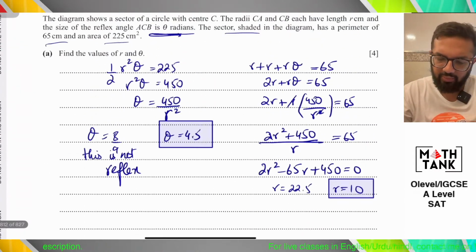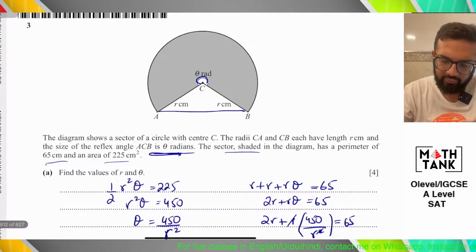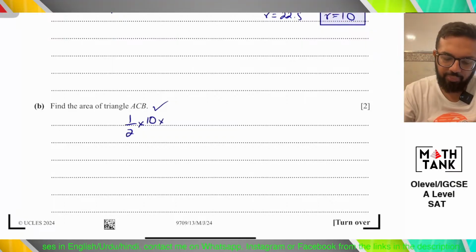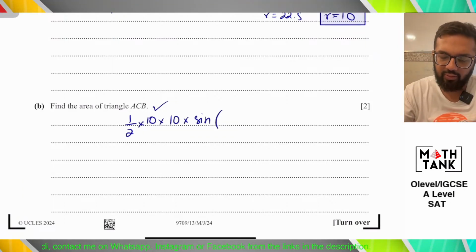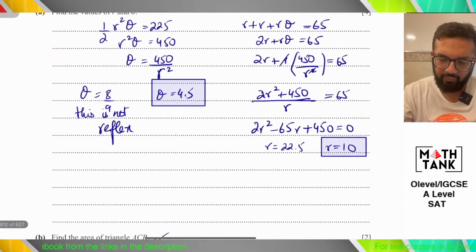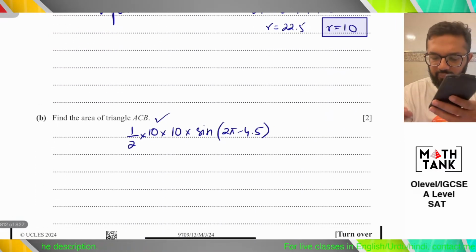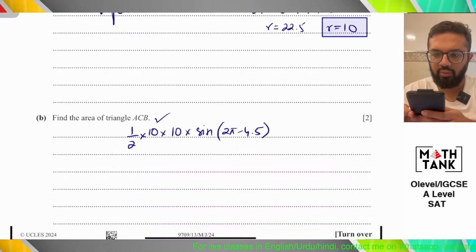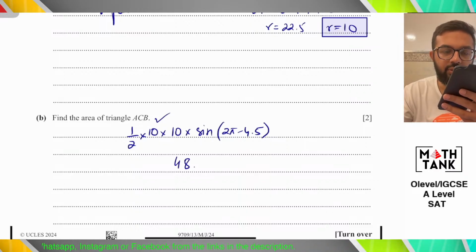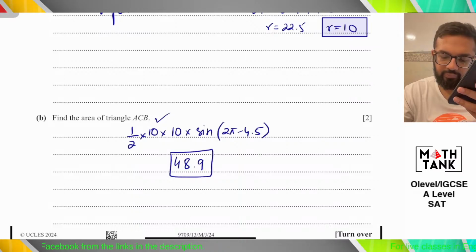And the area of triangle ACB. Okay, so I think half AB sine C. C will be 2 pi minus 4.5. .48 centimeters squared.